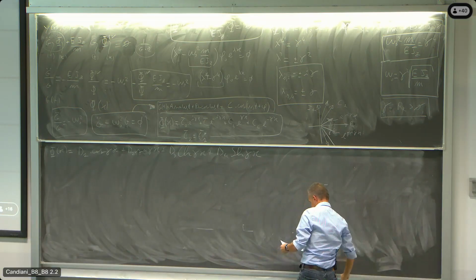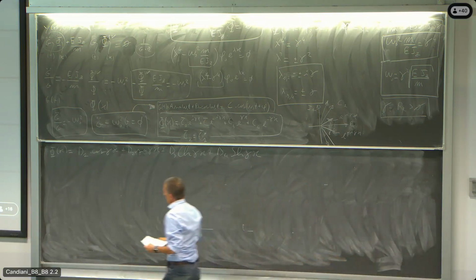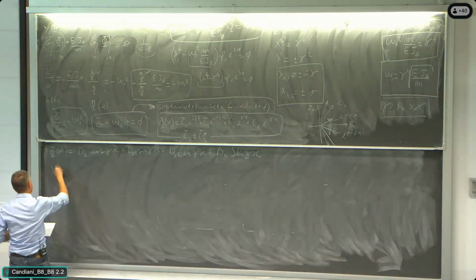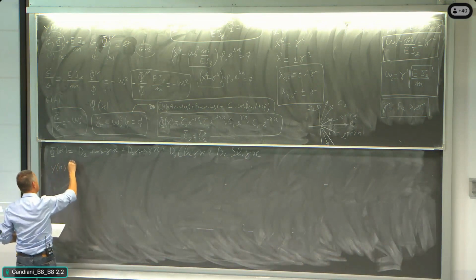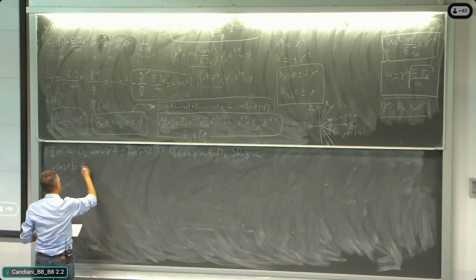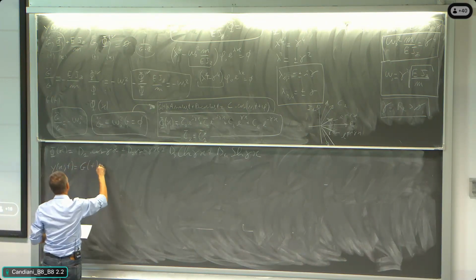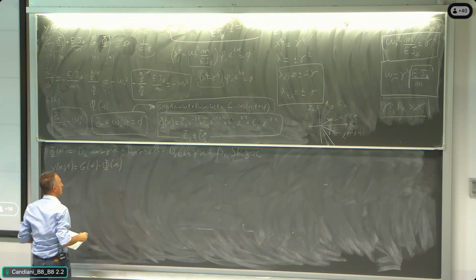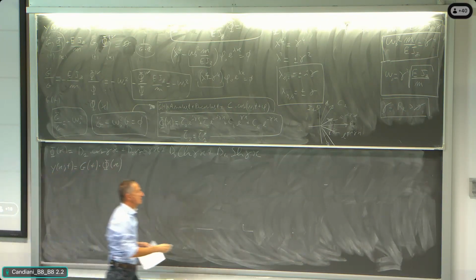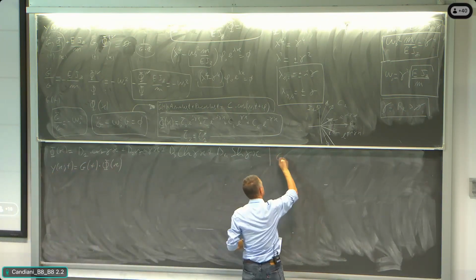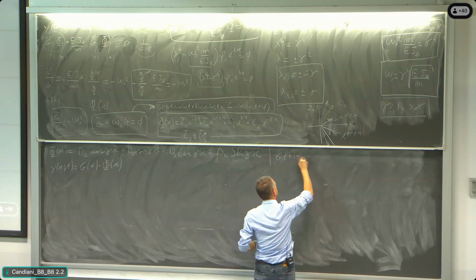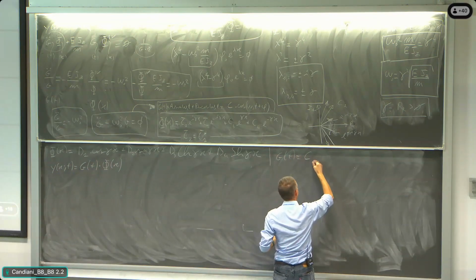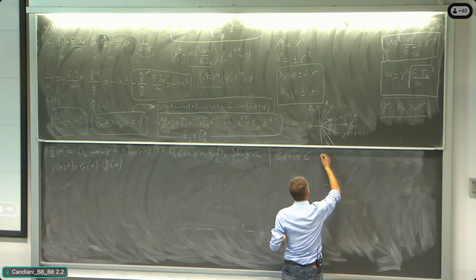All right, and finally, we say that y as a function of x and time is equal to g(t) multiplying phi(x), where g as a function of time is a constant multiplying.